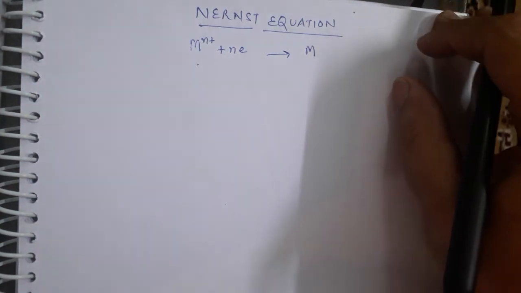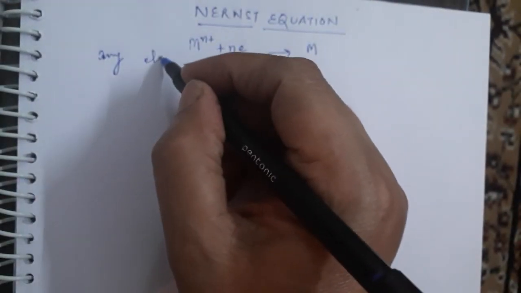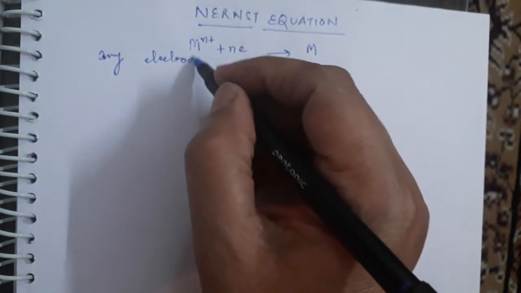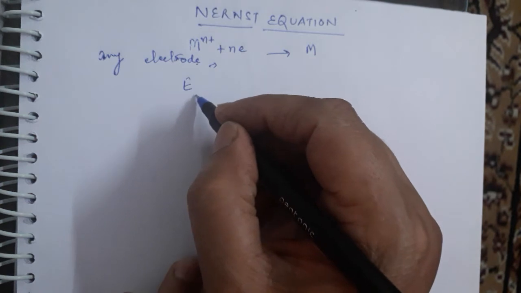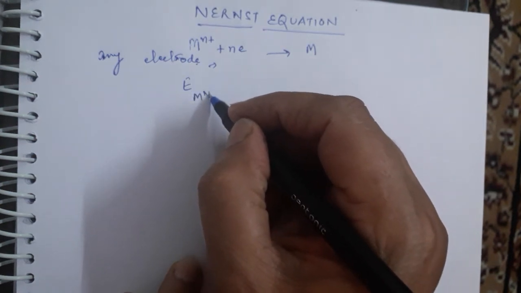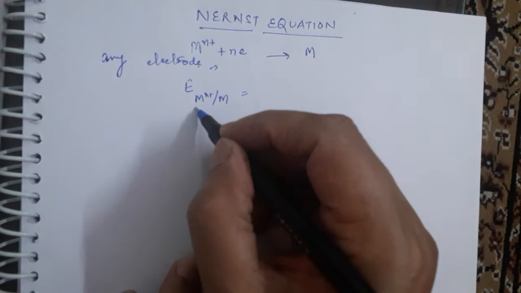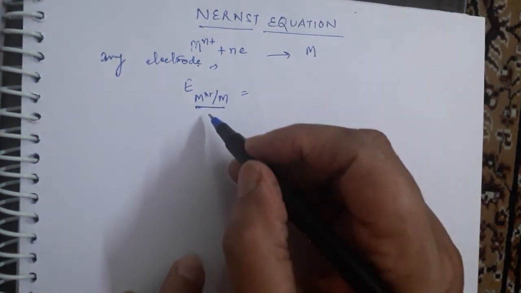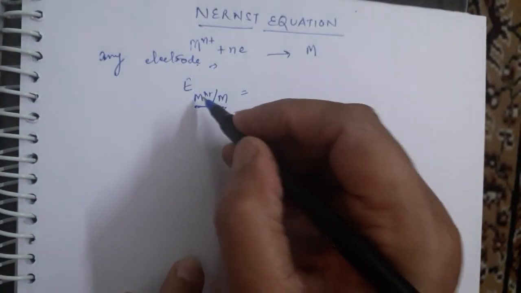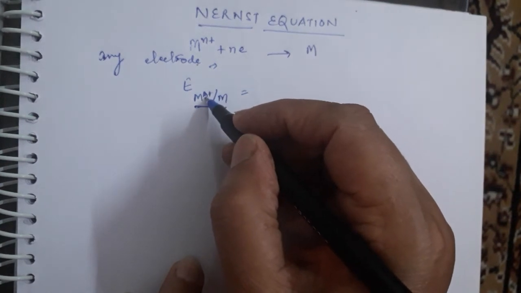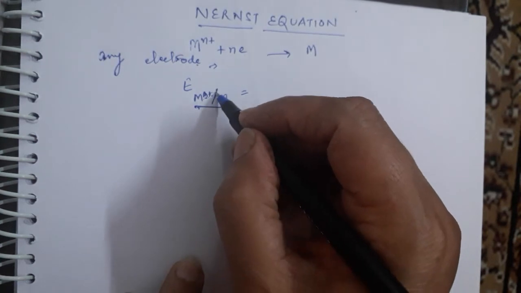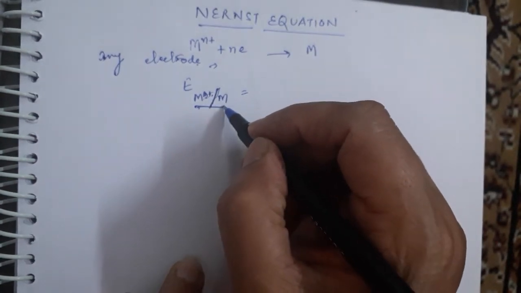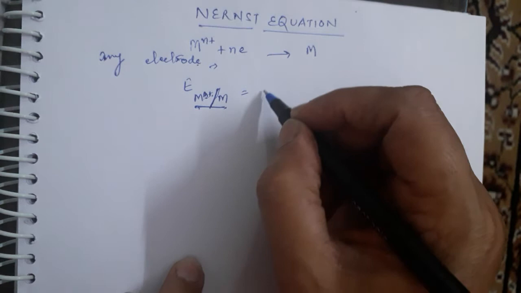The Nernst equation for any electrode can be written. It is equal to E electrode, any electrode, Mn+/M. This combination represents a metal electrode, where Mn+ has n as the number of charge. Mn+ represents the ionic species that is separated by a slash from the metal solid.